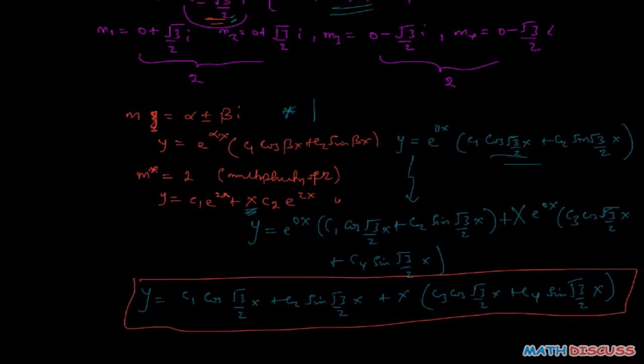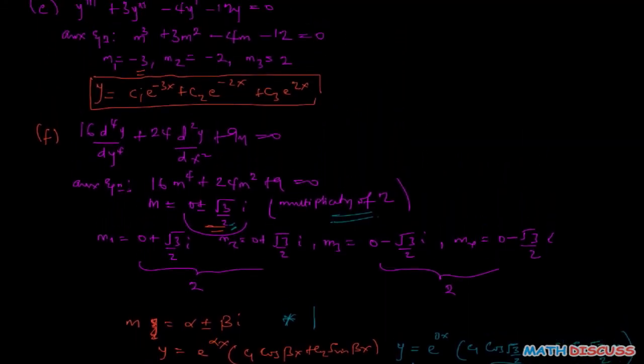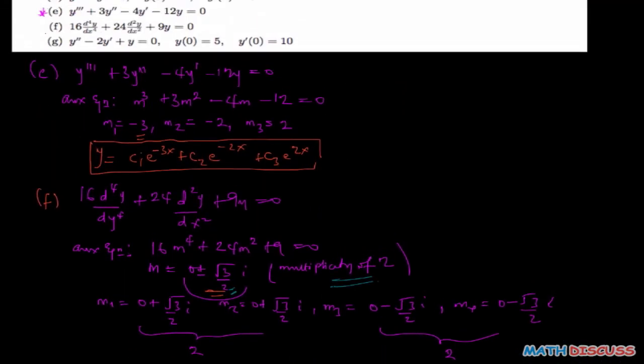Okay, we're going to look at another example which is quite similar to this, just to ground understanding, which is going to be part G. Part G is of the form we just dealt with, and it's also an initial value problem.